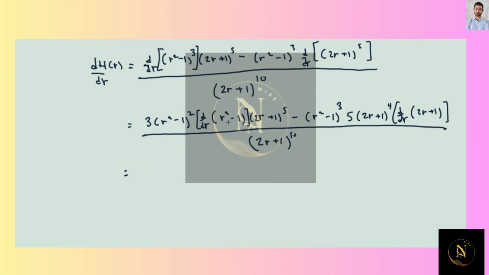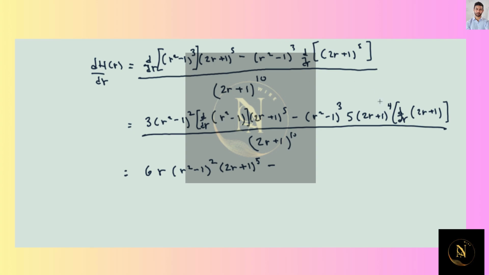The derivative of r squared minus 1 gives us 2r. So this first expression will simplify to 6r times (r squared minus 1) to the power of 2 times (2r plus 1) to the power of 5.